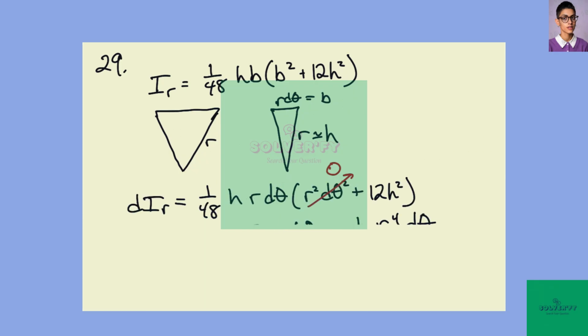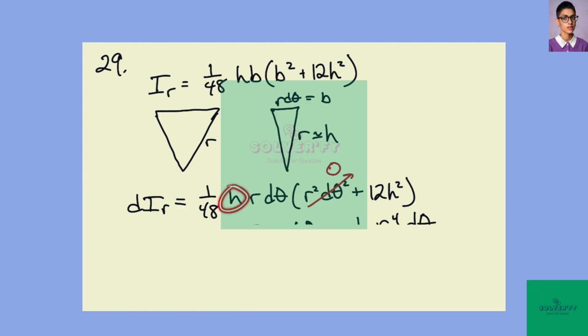If we plug in, we get that the polar second moment of this differential wedge element is dJ, and if we plug everything in, this is 1/48 h r dθ times (r² dθ² + 12h²). Now dθ squared is a higher order term, very much smaller than this, so it goes away.